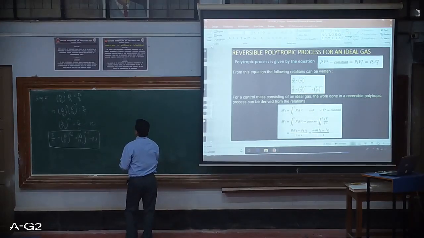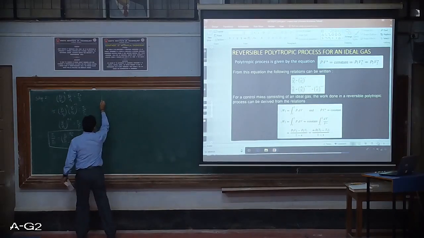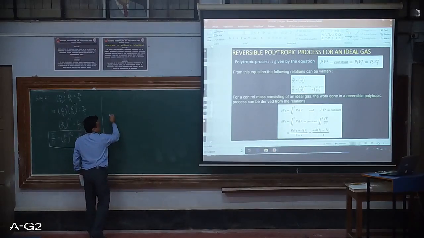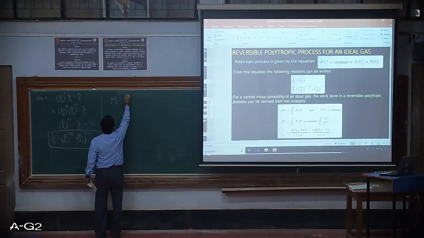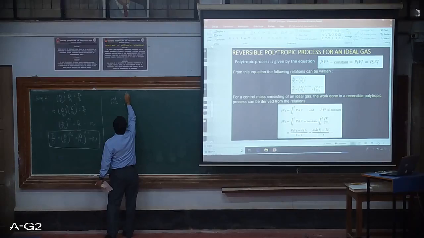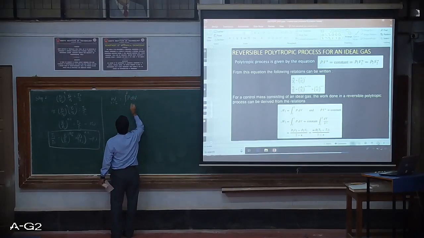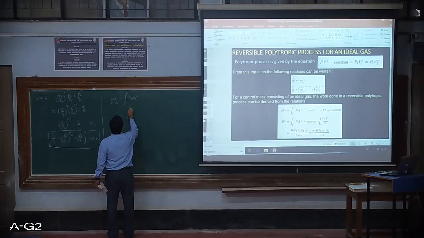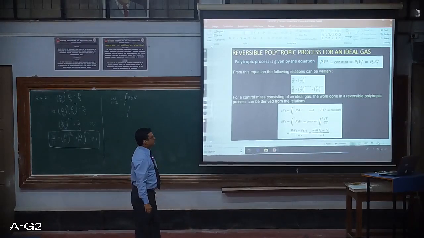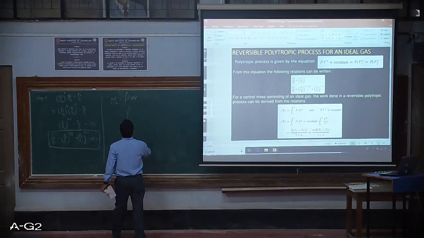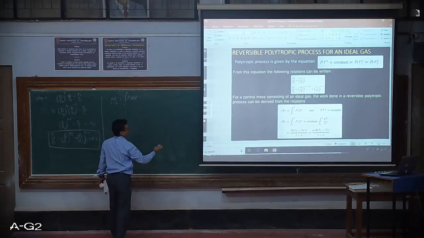Another is that we know that for a polytropic process, the work equation, which is already mentioned there, work done from 1 to 2 for a polytropic process is given by integral PdV, which is nothing but, if I expand the term, where PV raised to n equal to constant, I have already developed this expression, so I will be writing that directly.